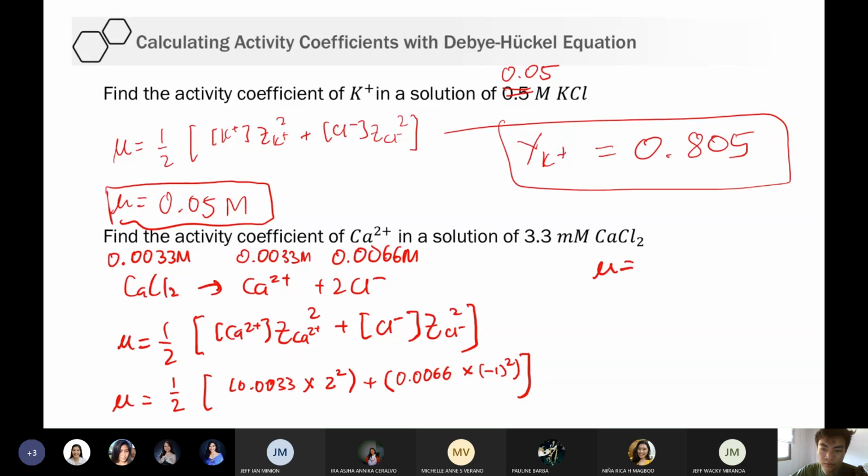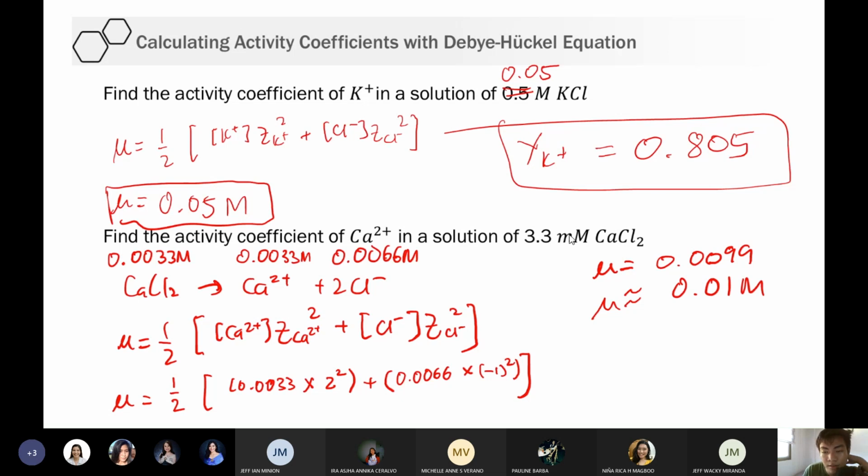Solving for mu, let's use the calculator because this is quite difficult to work on mentally. So we have 0.0033 times 2 squared plus 0.0066 times -1 squared. That's equal to 0.0099, or we can approximate this as mu equals 0.01.